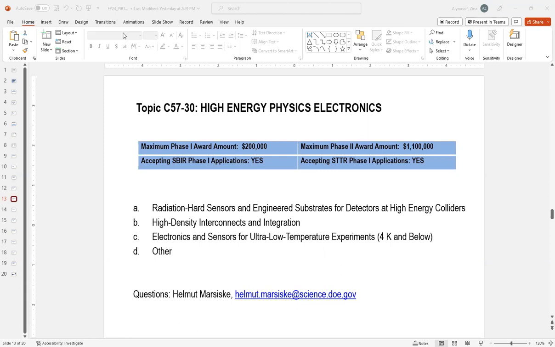Subtopic C, electronics and sensors for ultra-low temperature experiments. Many of our rare event search experiments operate in the deep cryogenic environment, that is 4 Kelvin and below, sometimes down to the tens of millikelvin range.